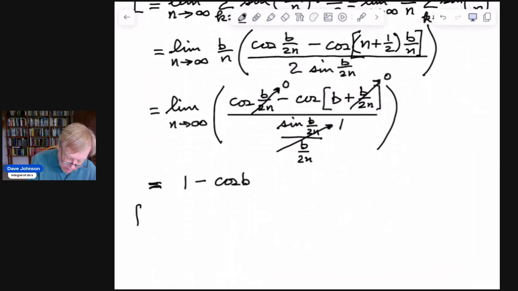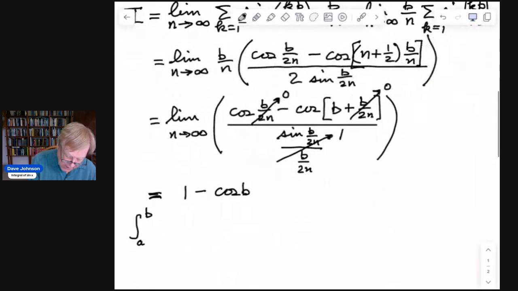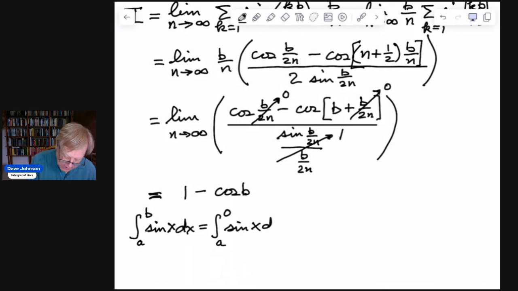So the integral from a to b of sine x dx is equal to, we'll do it this way, the integral from a to 0 of sine x dx plus the integral from 0 to b of sine x dx.